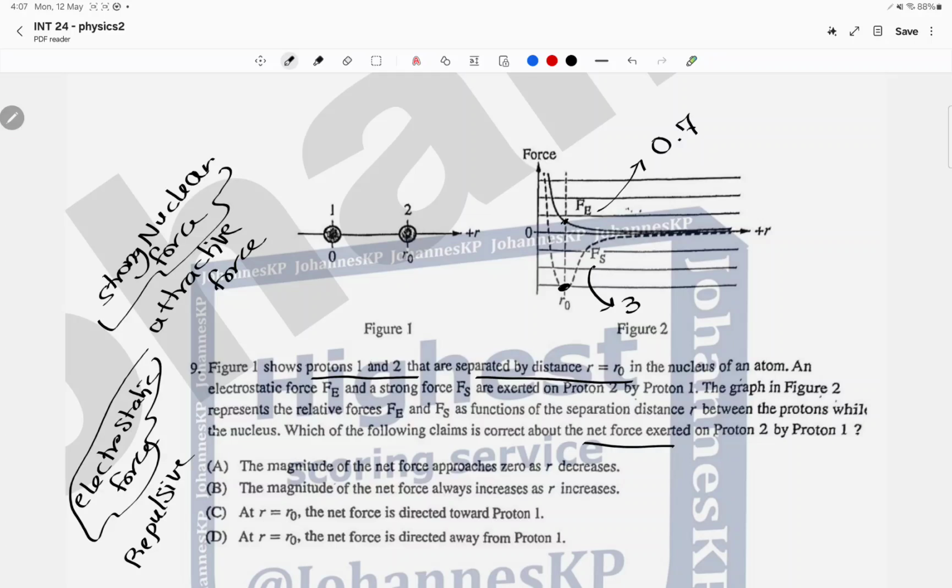The force that is basically pulling something, not pushing it away. So what's the answer going to be? Which one is proton one? It doesn't matter, because they feel the same force as each other. Action, reaction.